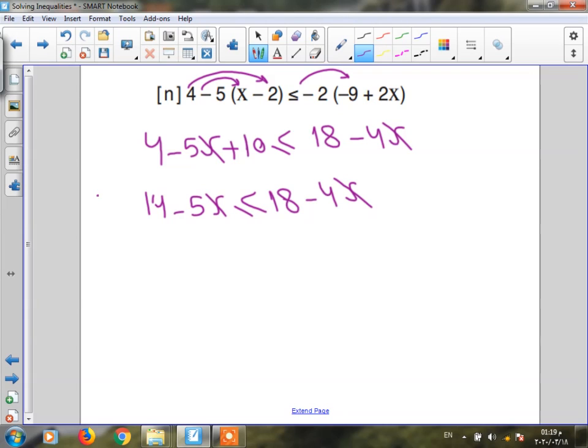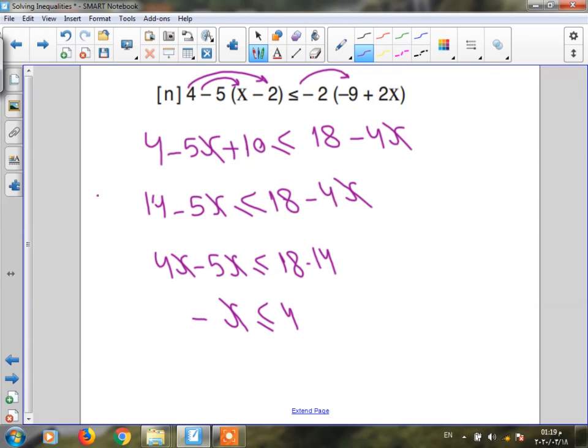Okay, and we can continue. I will get negative 4x to the positive side, so 4x minus 5x is less than 18 minus 14. 4x minus 5x equals negative 1x, less than or equal to 4.